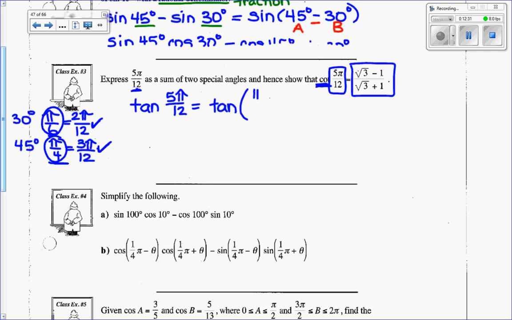We want to use what we know. Like we know that 3 pi over 12 is the same thing, but we're going to use this so we can actually read it off of our unit circle. So that's pi over 4 plus pi over 6, okay? Because we can figure out tan of pi over 4 and tan of pi over 6, okay?